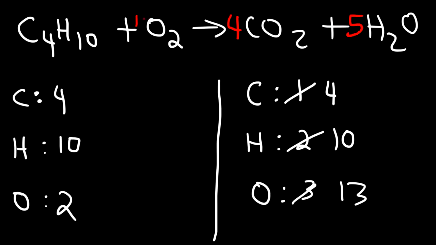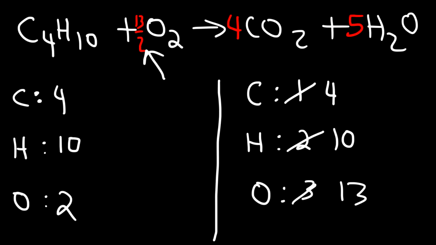So if we put 13 over 2 in front of O2, the equation is balanced. However, when you balance a typical chemical equation, you don't want fractional coefficients. Instead, you want whole numbers as your coefficients.